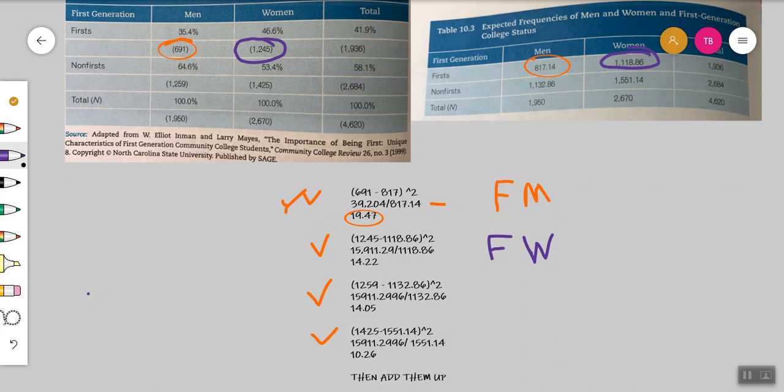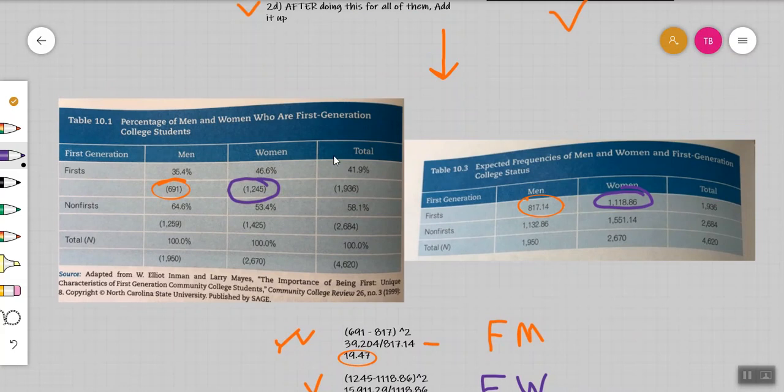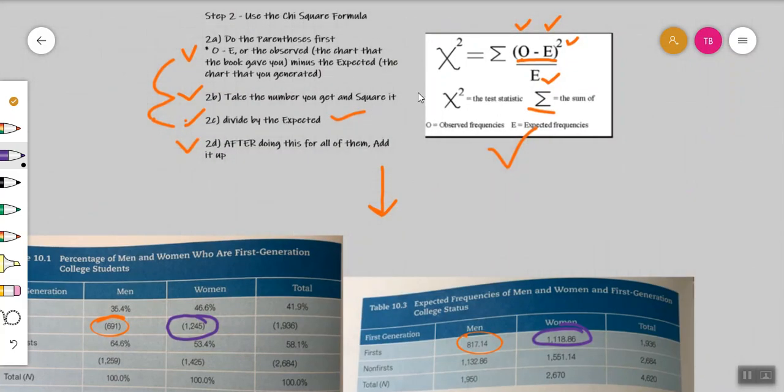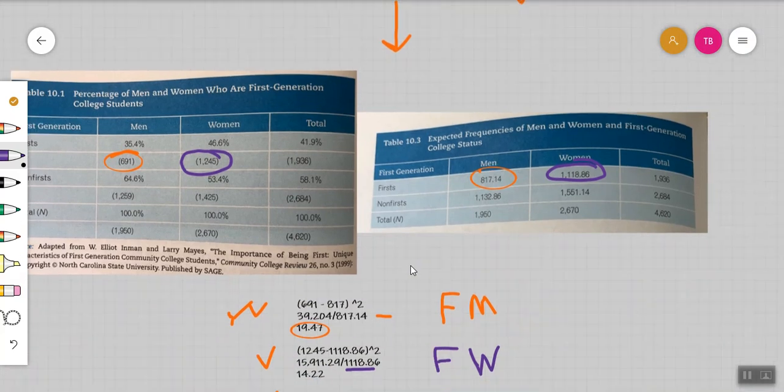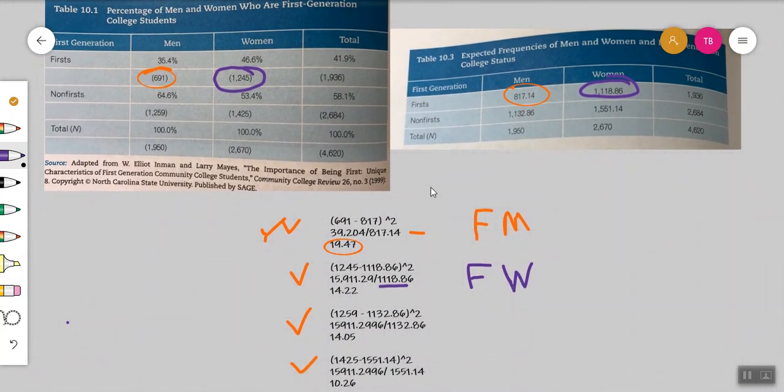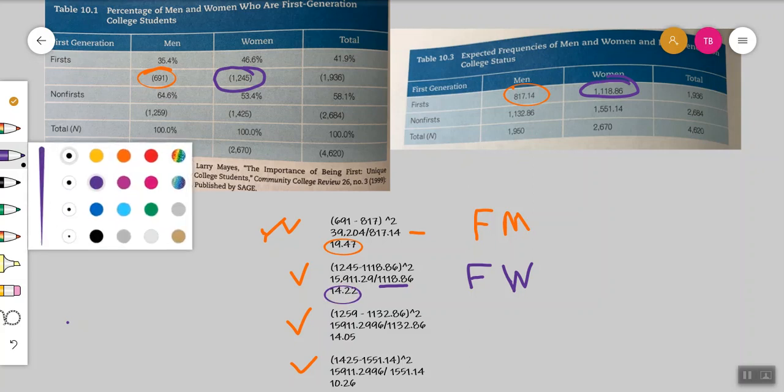You get your answer, and you divide by the expected. And again, it's the same as the formula up here. And then you got your number here. That's your number for first generation women.